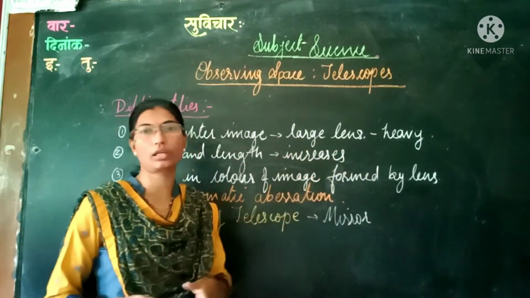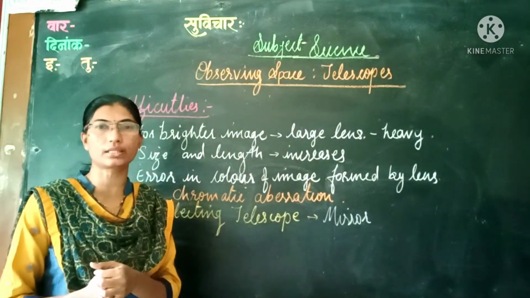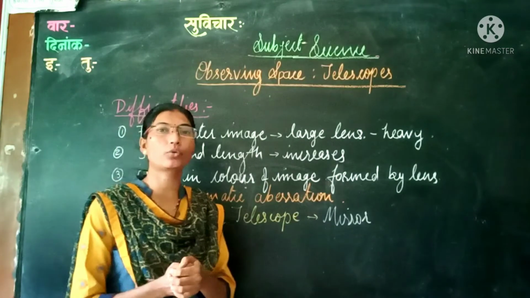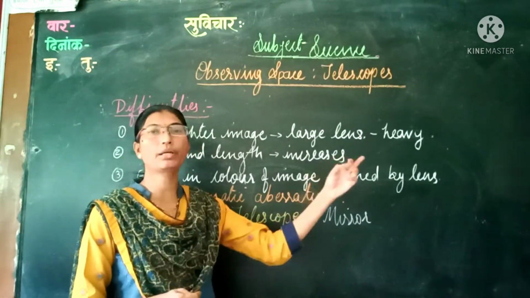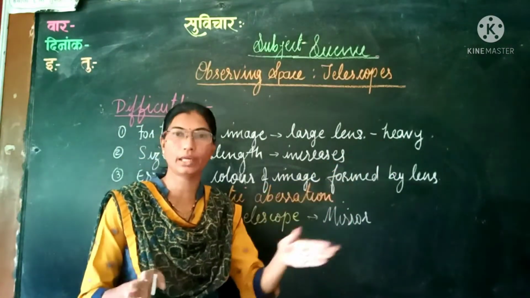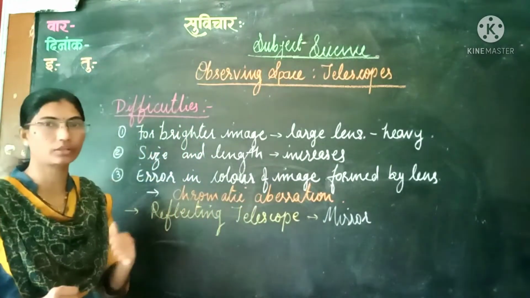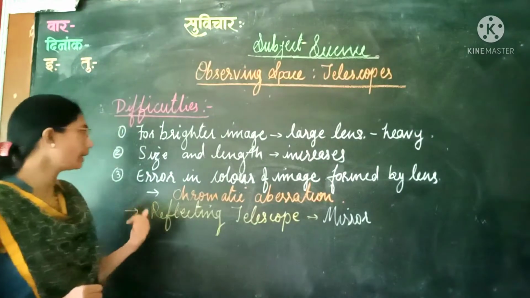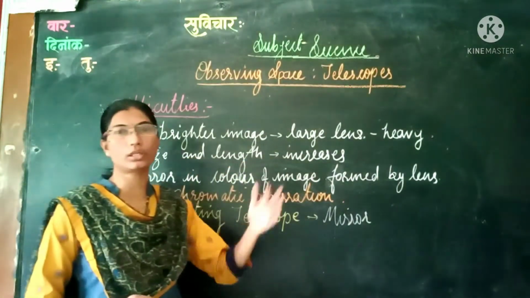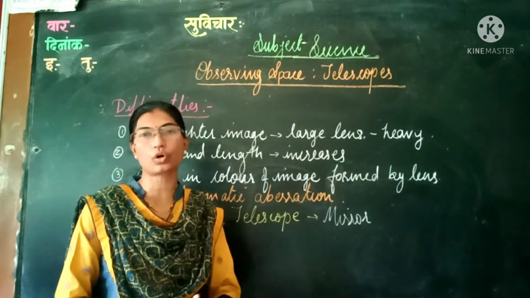The size of the lens must be large, then only can we see a brighter image. But if we use a larger lens, then the telescope becomes very heavy. So that is a major drawback of the refracting telescope. Another is that the size and the length of the telescope increase because of the lenses.